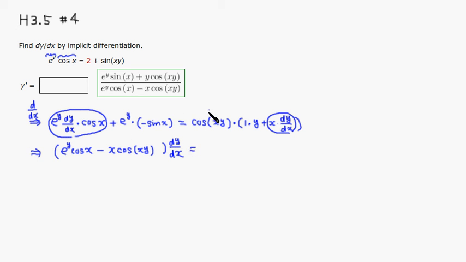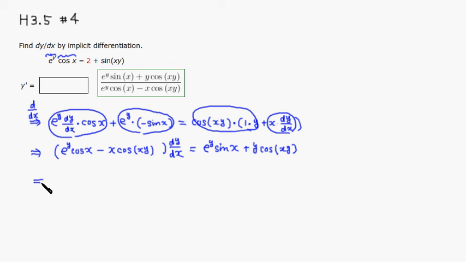So this term on the other side becomes negative e to the y sine of x, which becomes positive e to the y sine of x. Then you have plus y times cosine of xy. That's this term right there. Then we took care of everyone.